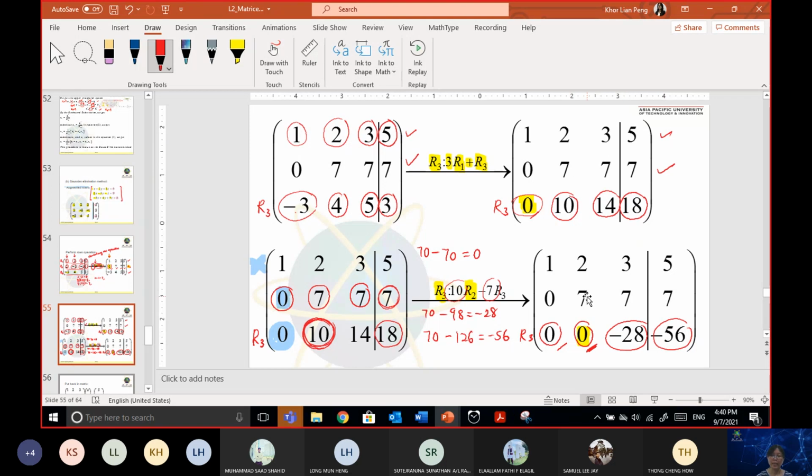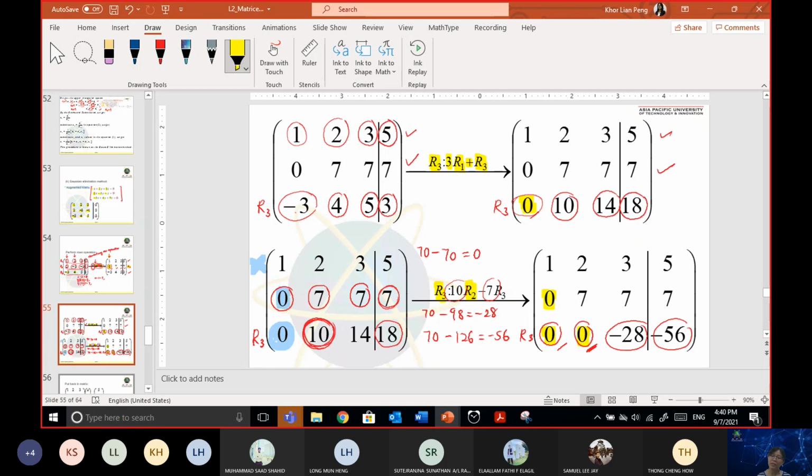Now, can you see we already achieved the upper triangular? That means these three elements become zeros. Can you understand for R3? For your information, it's not necessary that you must fix to this row operation.